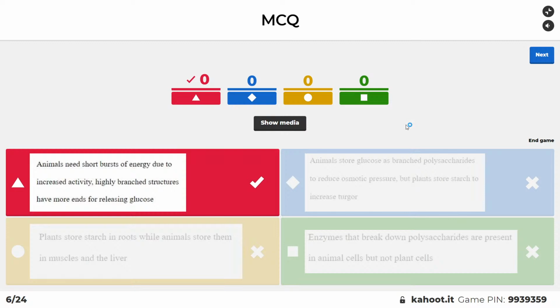You also need to know that highly branched structures can release more glucose, if I'm not reading that incorrectly. So D is definitely incorrect, because if it's not present in plant cells, that doesn't make sense. C, plants store starch in roots while animals store it in muscles and liver.